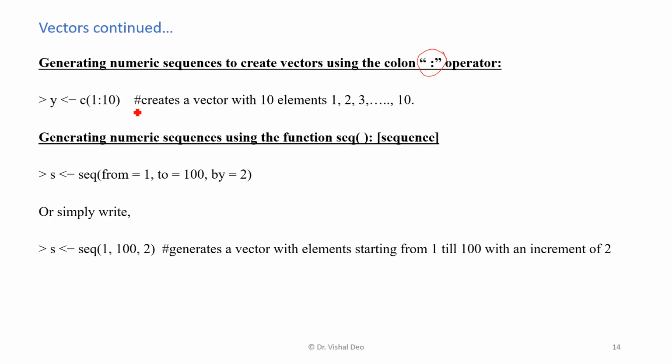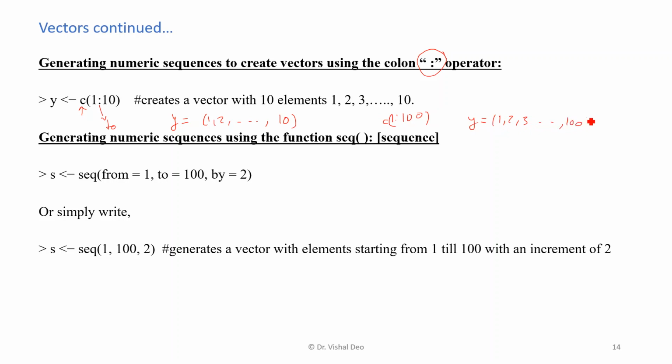So here we'll use the concatenate function, and when we write 1 colon 10, we are creating a vector of a sequence of numeric values from 1 to 10. So it will create y as a vector 1, 2, 3, 4, 5, 6 up to 10. Even if I write 1 to 100 in just one short command, it will create a vector y of 100 elements with values from 1, 2, 3 up to 100.